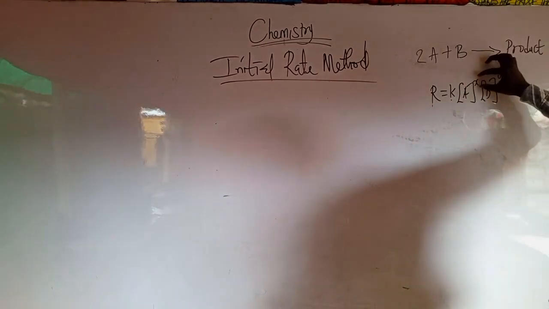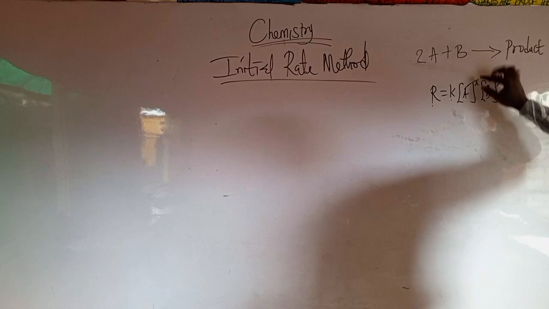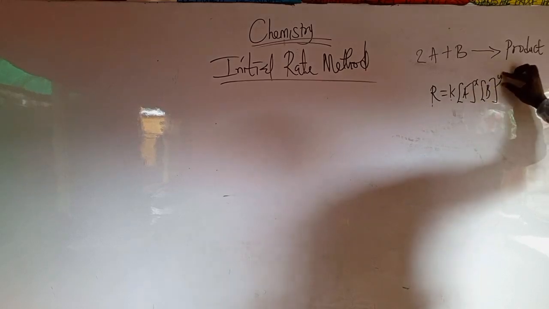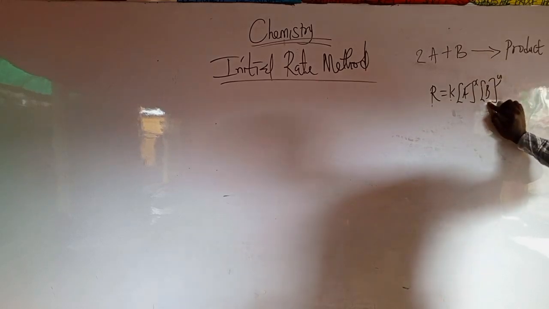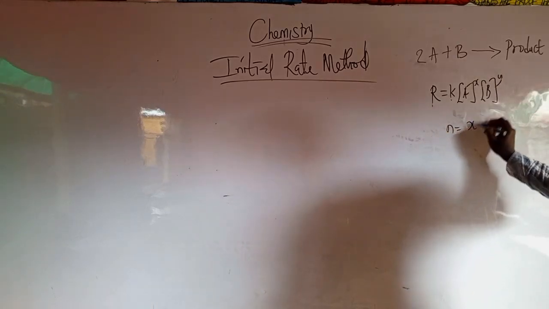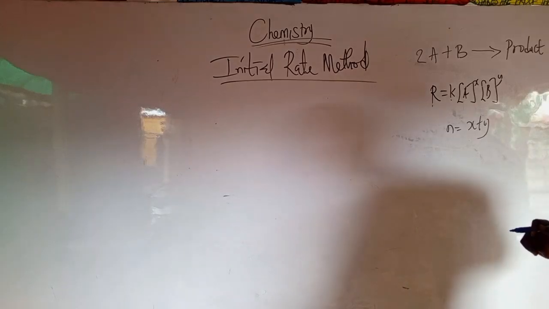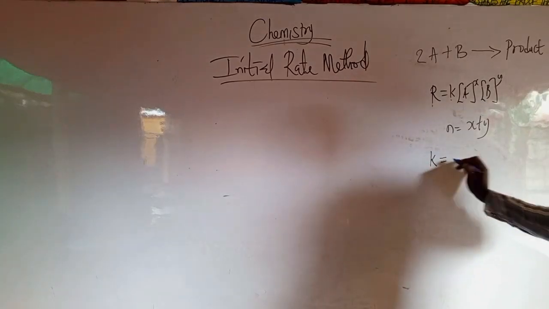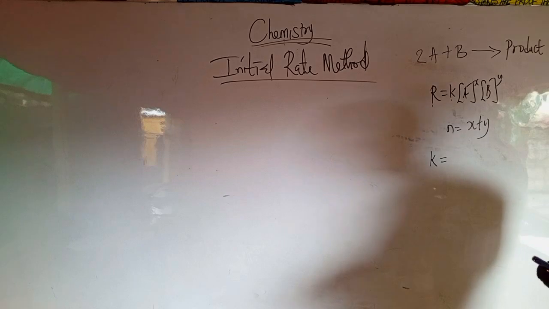R is the rate of reaction, K is the rate constant, A is the concentration of reactant A, B is the concentration of reactant B, X is the order of reaction with respect to A, Y is the order of reaction with respect to B. Then the overall order of reaction, that is N, equals X plus Y. I told you that. And don't forget, I told you K can also be called the specific rate reaction.